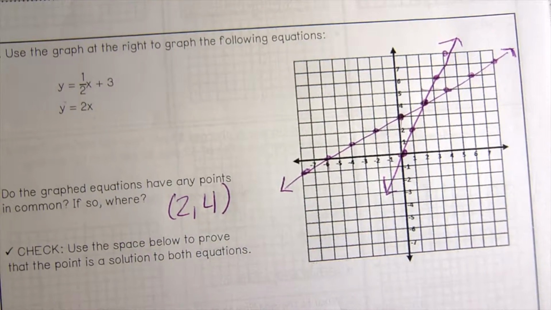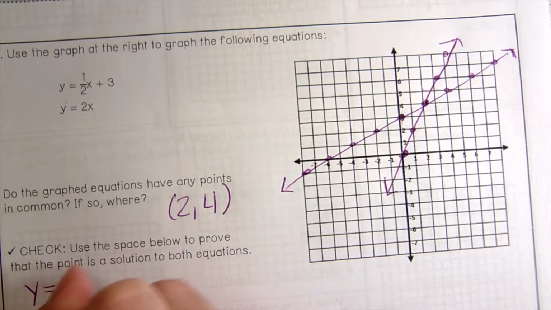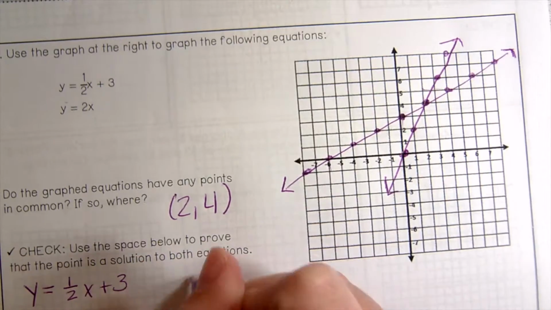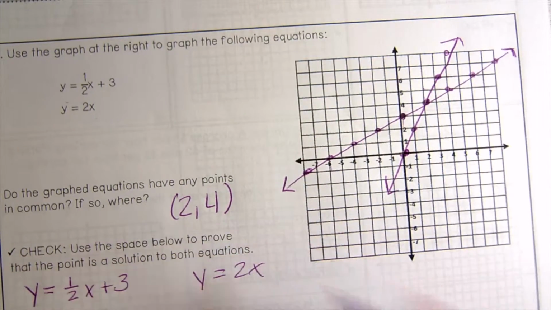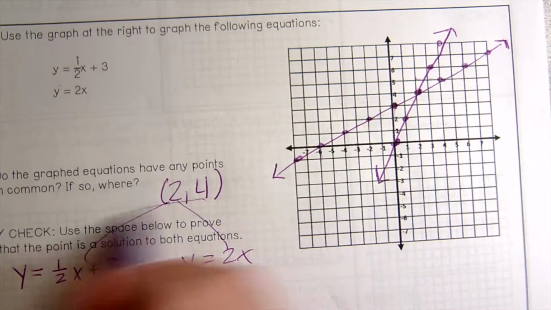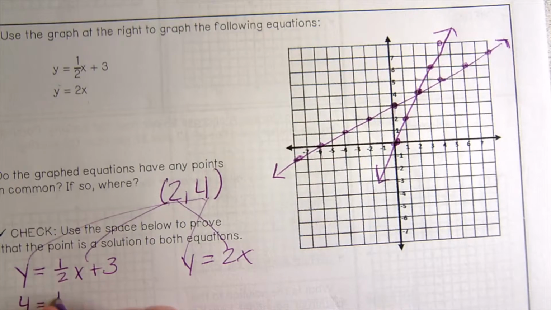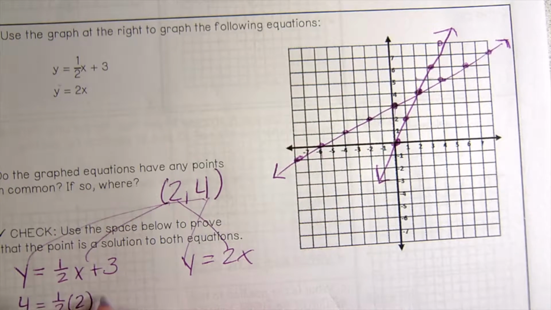To check this, you can plug this point back in. So y equals 1/2 x plus 3. We had y equals 2x. So I plug in 2 for x on both of these and 4 for y on both of these. So that would be 4 equals 1/2 times 2 plus 3.